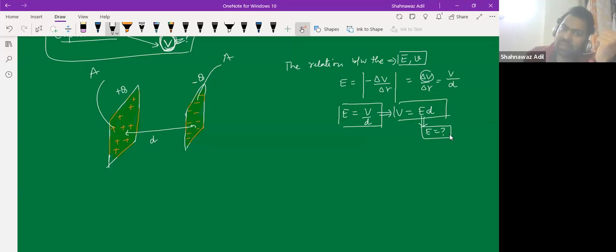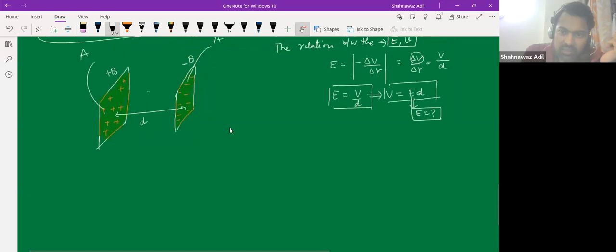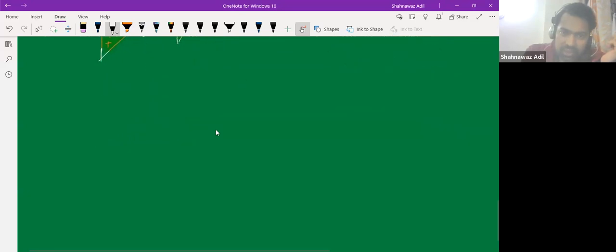So we need to calculate the electric field between the two plates. This we will come to later, so let us go back in the memory lane.